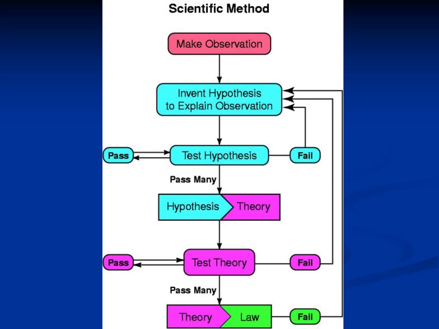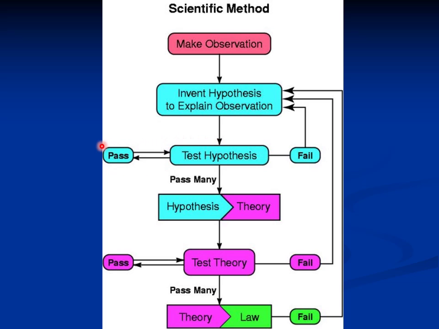This one is a little bit simpler. You have your observation here, right? You come up with a hypothesis that might explain that observation, and then you go down here and you test it, right? And you keep testing it and testing it.